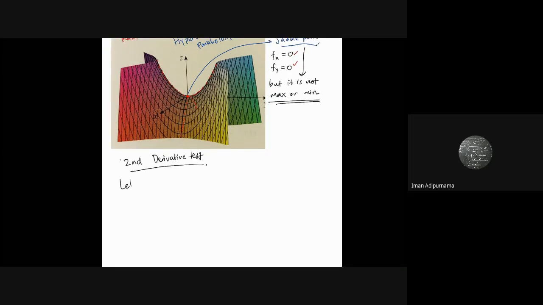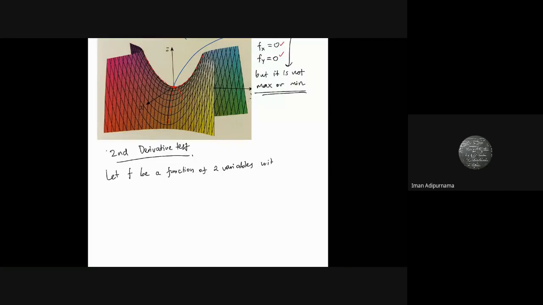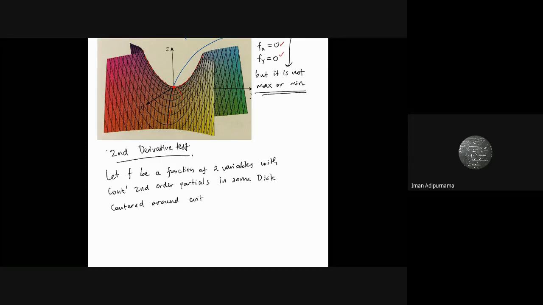Okay, let me write the definitions. So let f be a function of two variables with continuous second order partials, which means you can derive and find the second order partials, in some disk centered around a critical point. Critical point is the point that makes the derivative 0.